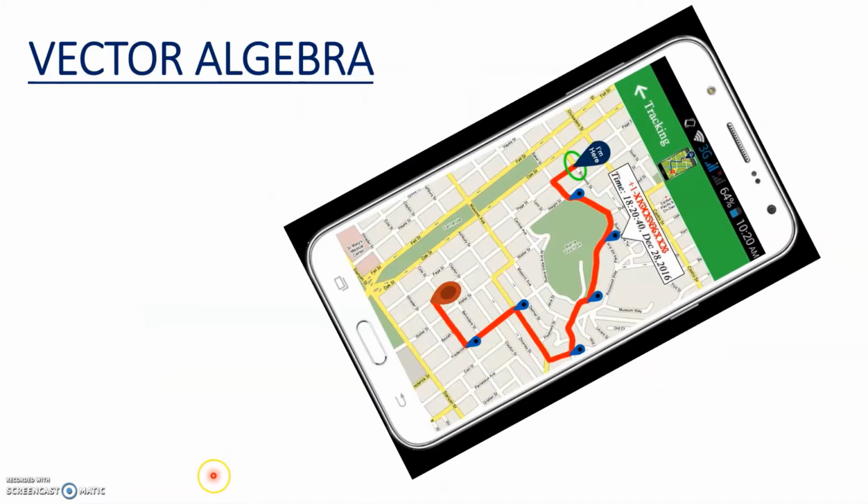So vector algebra is nothing but just direction. I'm sure you all have your smartphones and you use them when you go to cities and different places to identify locations. You use the GPS on a smartphone to track down a certain area, a certain place, a certain house, or a hotel or a facility.